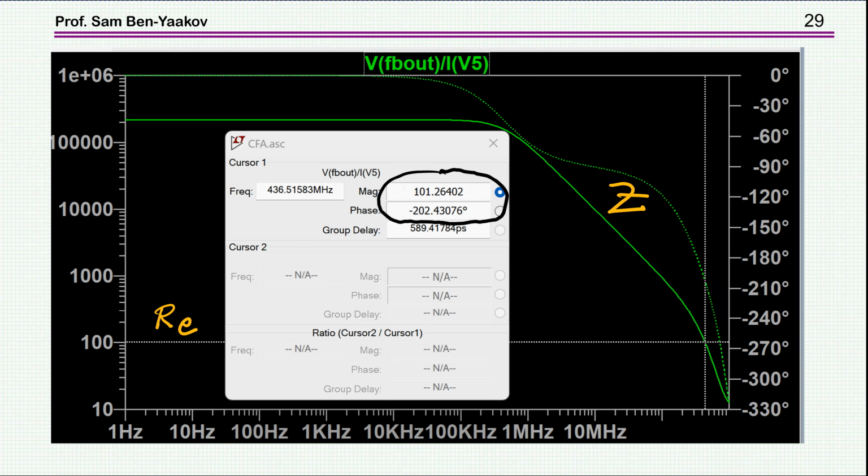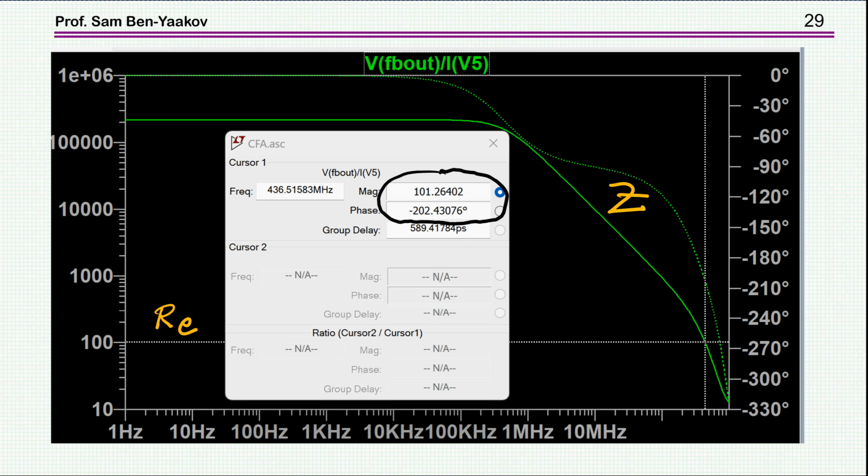So if nothing is being done, then we have 1 over beta is RE, which is meeting the open loop impedance at this point. And of course, in this case, the phase margin will be very small, in fact, it's negative here. So in fact, this system will oscillate.